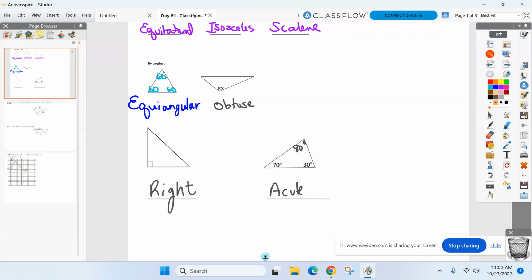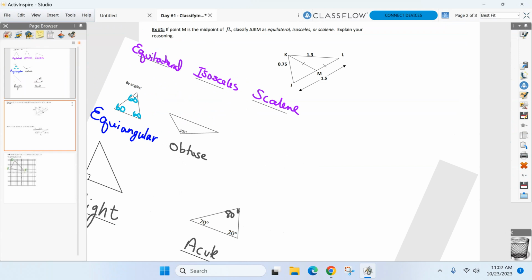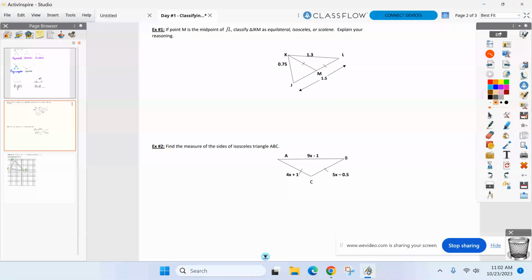Now I want to mix in some geometry and algebra. How about that? Yep. Geometry and some algebra. All right, a couple things here before we answer this question. M is the midpoint of JL. Let's stop right there. Can I have somebody tell me then what two segments are congruent up here?